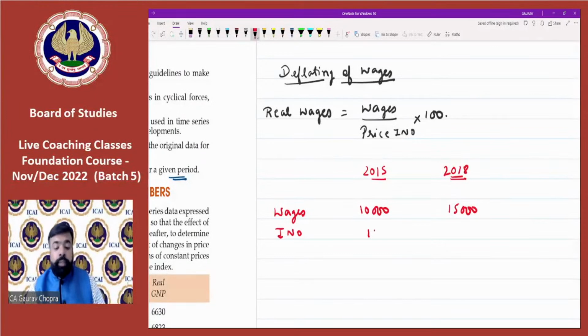Also, we are given index number. Index number was 100 and then it becomes 200. Now, since the wages of the person has increased, how much the person is gaining or losing? So we have to find out the gain and loss of the person.